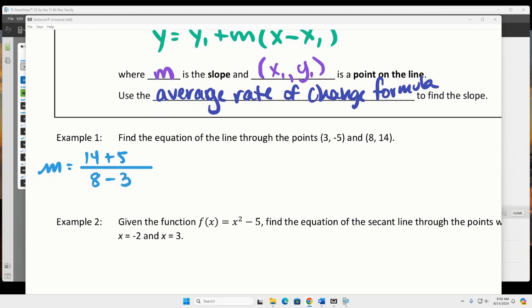Just keep your order consistent and you'll be fine. All right, so it looks like we're going to get 19/5, which is fine. That's a perfectly acceptable slope.